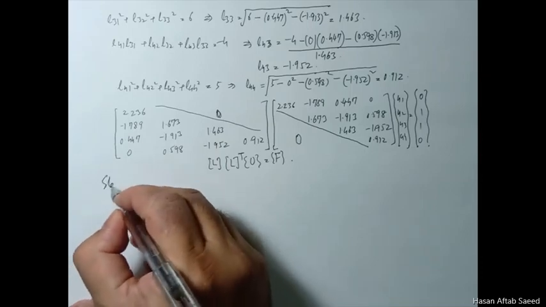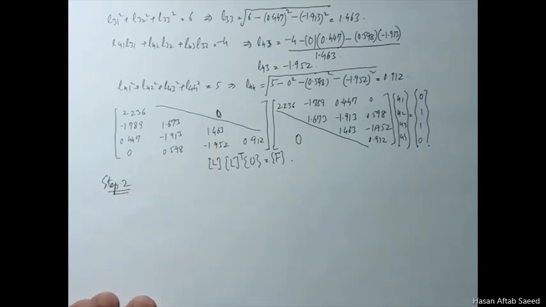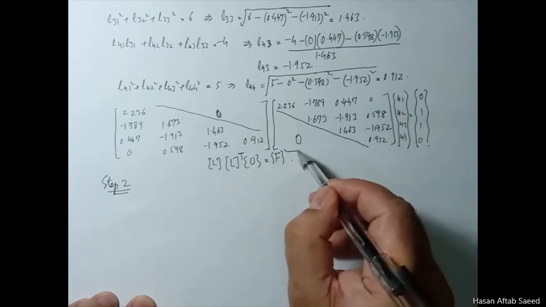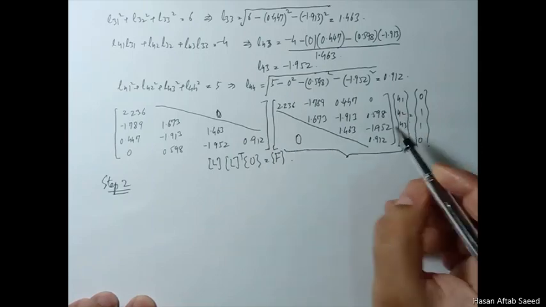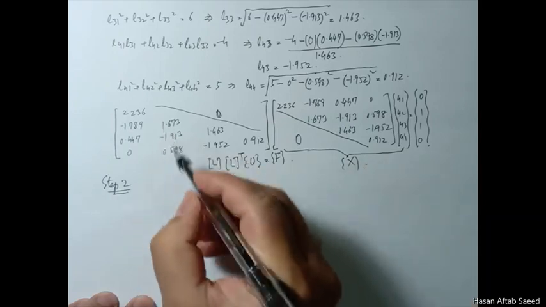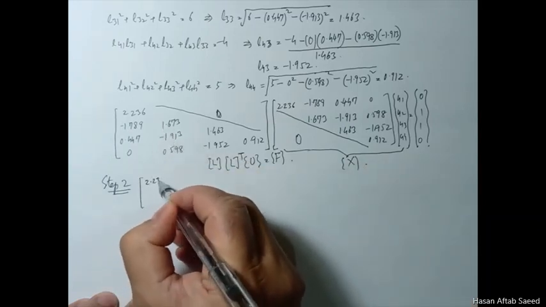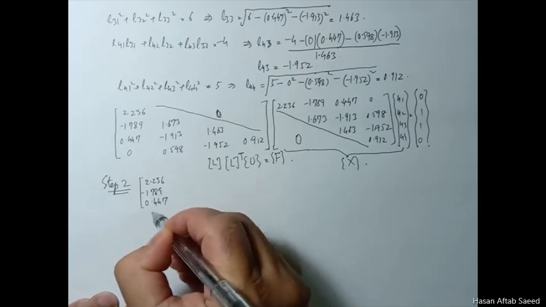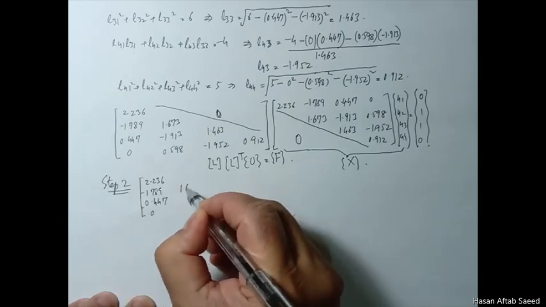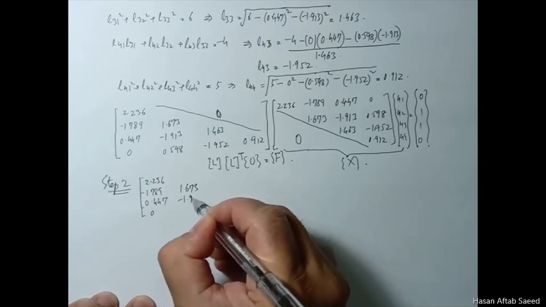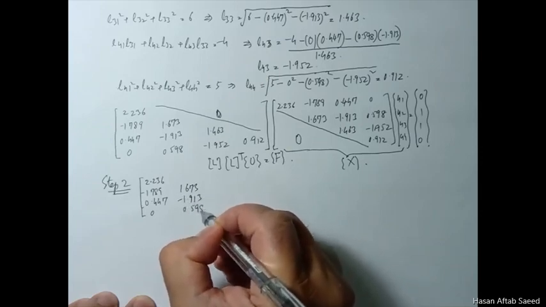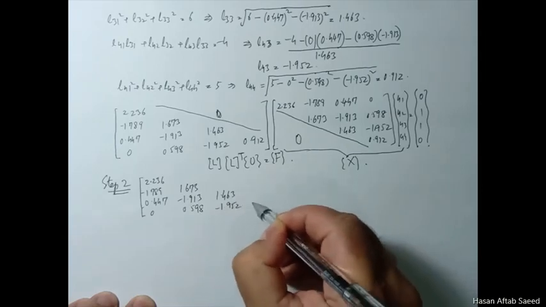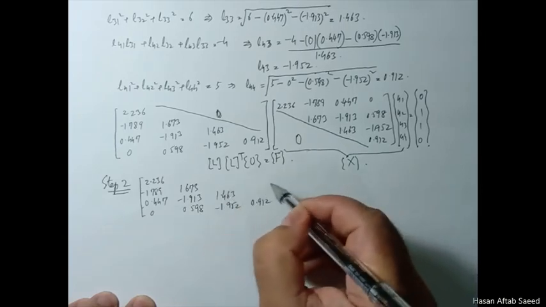Step 2. We make this as x. So we basically write this as 2.236, minus 1.789, 0.447, 0, 1.673 minus 1.913, 0.598, 1.463 minus 1.952, 0.912.